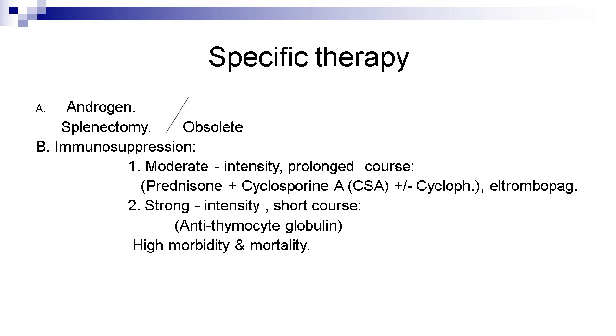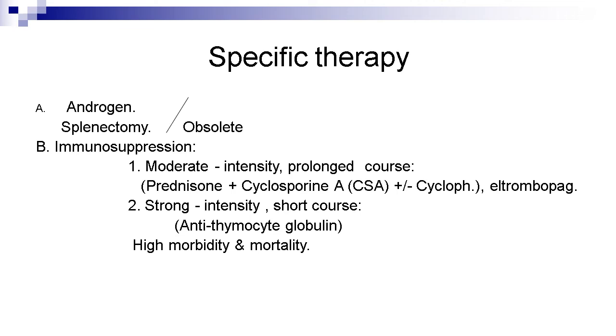Instead, immunosuppressive therapies are used currently, and there are two courses. One is moderate and the other is strong. The moderate intensity prolonged course includes prednisolone, cyclosporine A, and cyclophosphamide.